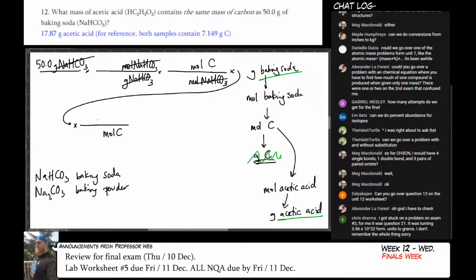We'll use that to figure out how much carbon is in the acetic acid. And then once we know how much acetic acid we have, we can figure out how many grams of acetic acid I have. So that shouldn't be too hard.